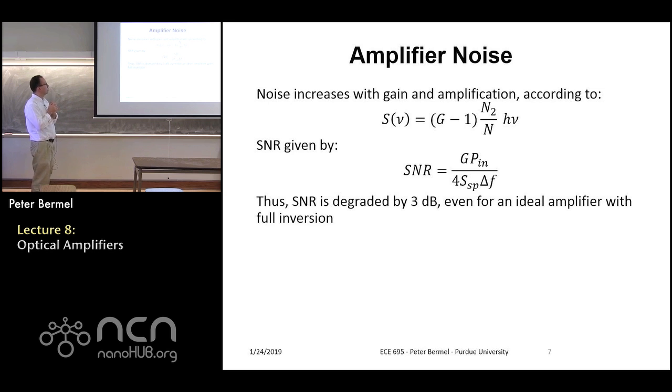And then this N2 over N factor is a measure of the fraction of population inversion. As this goes to 1, of course, you get more noise. And there's a proportionality to the frequency, right? This h nu factor. And if you try to divide the signal by this noise factor, because there's also amplification of the signal, of course, you get a signal to noise ratio that actually overall does improve with gain.